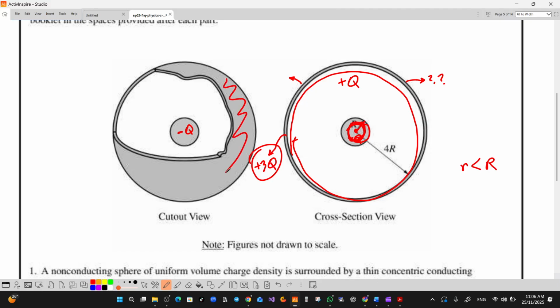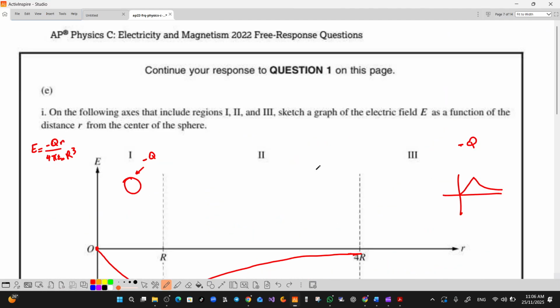This shell, I'm talking about the solid shell. And once we cross the boundary and we are getting away from the sphere, the electric field will decrease. But how would it decrease? It will decrease exponentially. So suddenly the electric field will come out from nowhere here and decrease to zero.